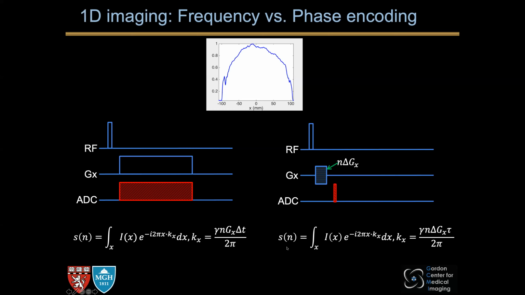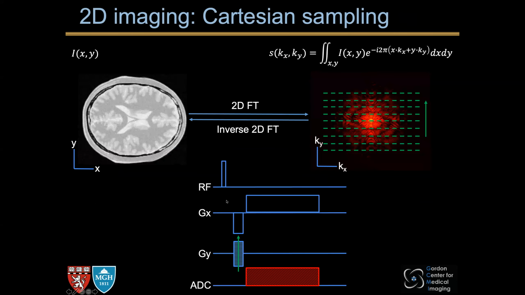However, this phase encoding approach turns out to be very useful for designing multidimensional imaging experiments. For example, if we want to do a 2D imaging experiment, we can combine frequency encoding with phase encoding.